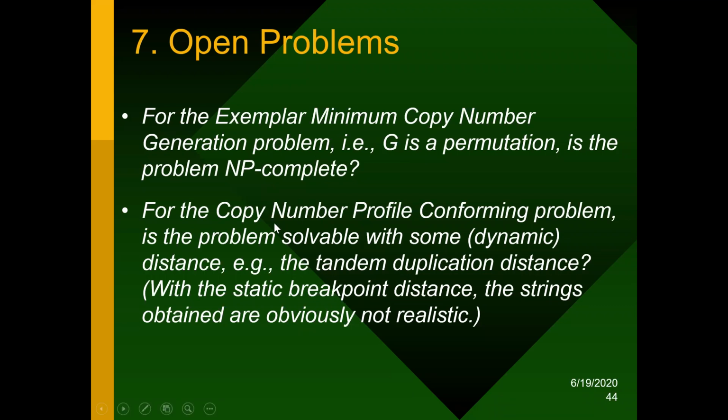For this CNPC, the new problem, we are really interested to know whether the problem is solvable with some kind of dynamic distance, like tandem duplication distance. Here dynamic is hand-waving; intuitively it means that if you change the distance, like with one more tandem duplication, the string changes completely.